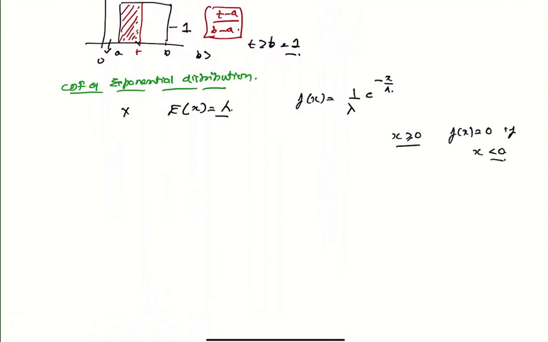Because of which F of t is equal to 0 if t is less than 0. For any negative value, the chance that the random variable is smaller than that value is 0.